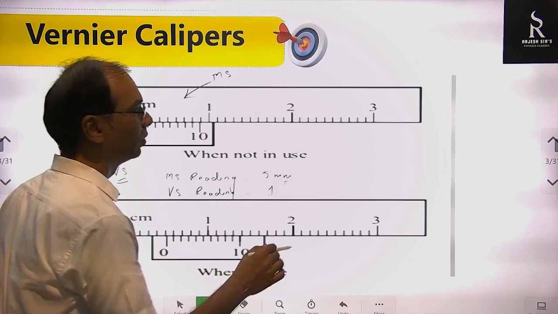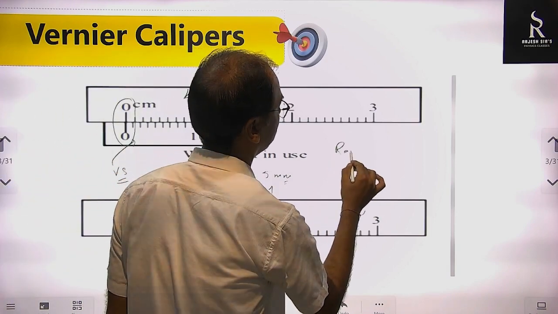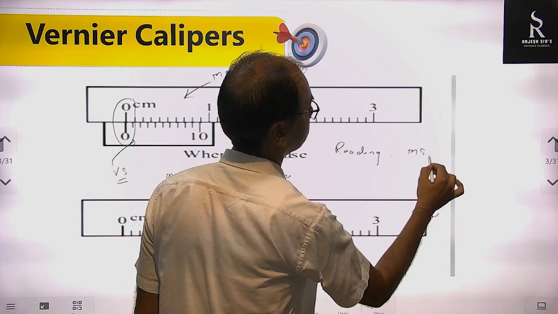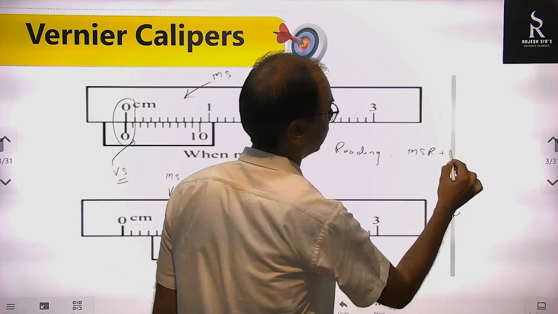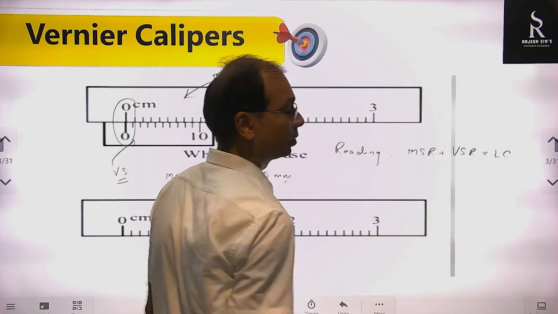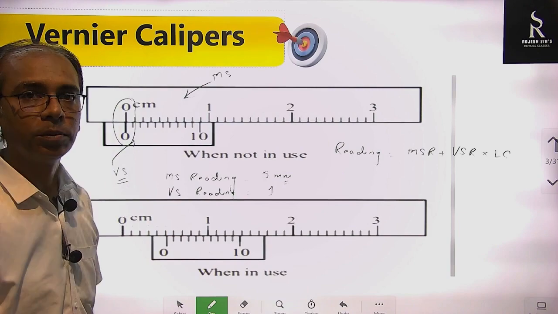Now what is the reading? The final reading is main scale reading plus vernier scale reading into least count of vernier calipers.